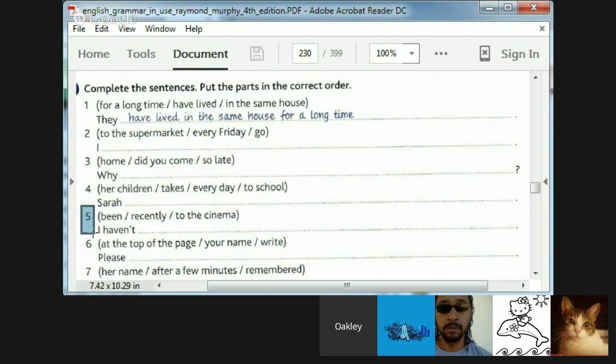Carolina, number 5. I haven't been to the cinema recently. Very good. Excellent. What verb tense are we using here? Bonus question. Past perfect. Close. Present perfect. Yeah, it's a negative with not. Negative present perfect.